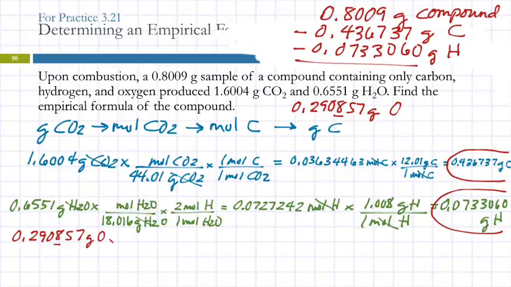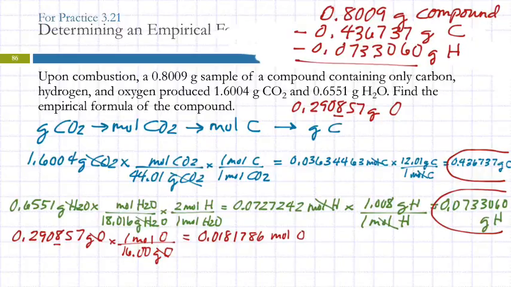Grams of oxygen, and then we've got 1 mole of oxygen per 16 grams. So I take that number, divide by 16, and I get 0.0181786 moles of oxygen. Any questions?